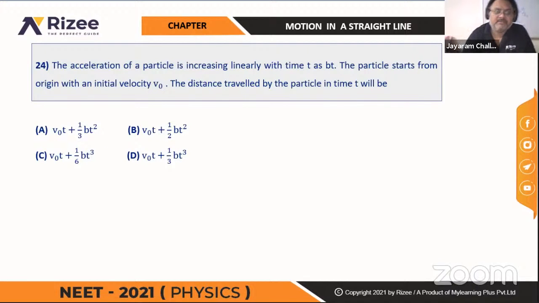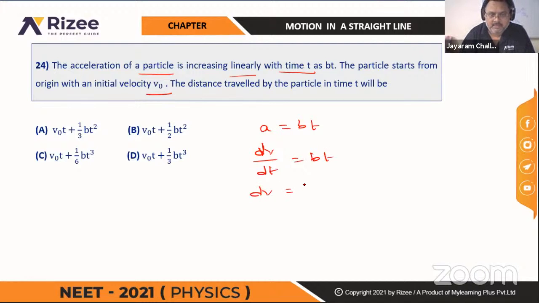The acceleration of a particle is increasing linearly with the time as bt. So that means acceleration is proportional to, or equal to, bt, if I write. The particle starts from the origin with an initial velocity v naught. Distance traveled is going to be how much? So acceleration can be written as dv by dt is equal to b into t. dv is equal to bt into dt.